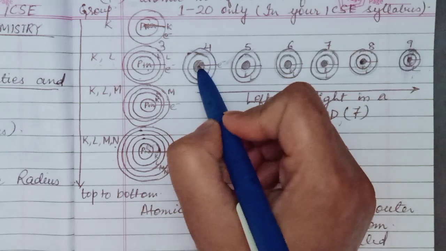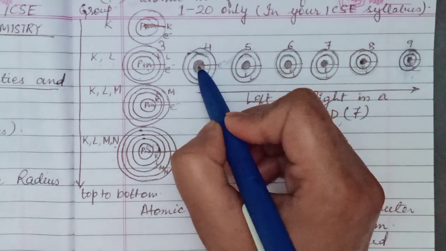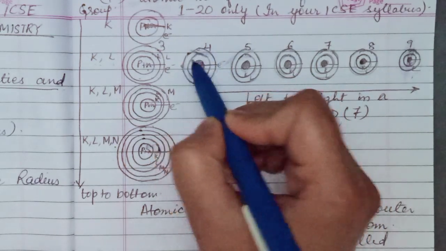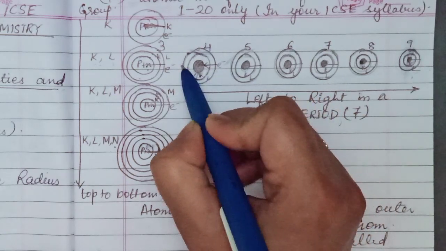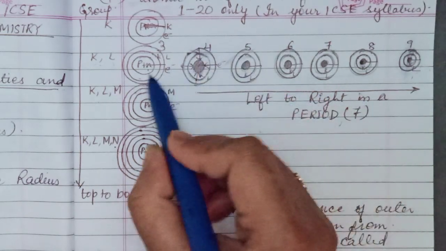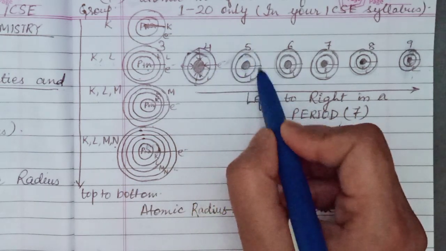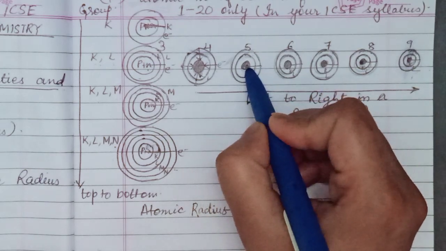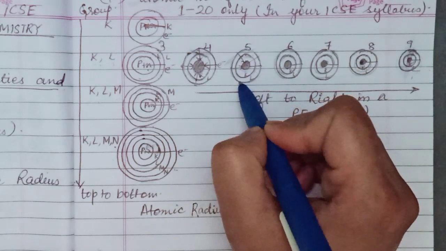So here also the energy is more and the distance is less. With more energy or more nuclear pull, this atom will attract all the electrons present in the outermost shell towards itself. Like this, when we are moving here, again protons are increasing but the shell is the same, so nuclear pull is increasing, and that's why it will attract more electrons towards itself.